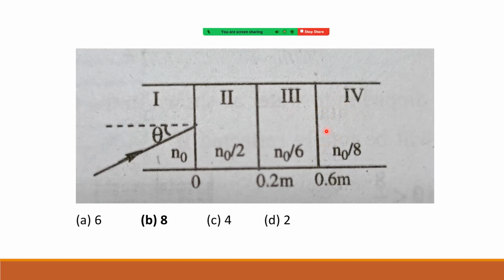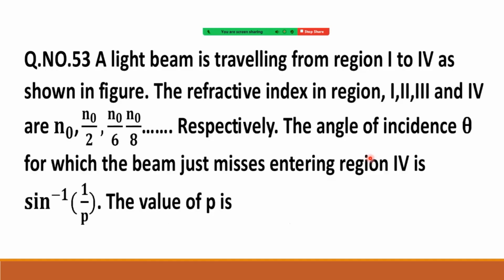And we have learned that whenever boundaries are parallel, we can write Snell's law for any two media directly. That means here we can write it for first and fourth. For these two media, we can take Snell's law directly. This is N0 and this is N0 by 8. The angle of incidence is what we have to calculate.